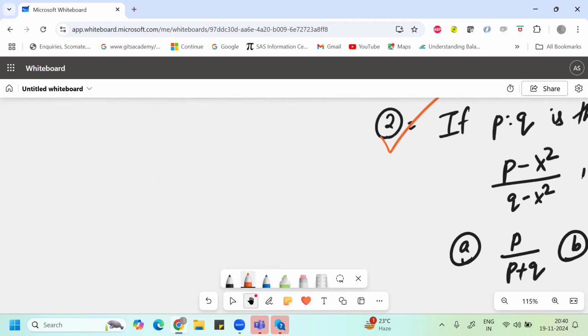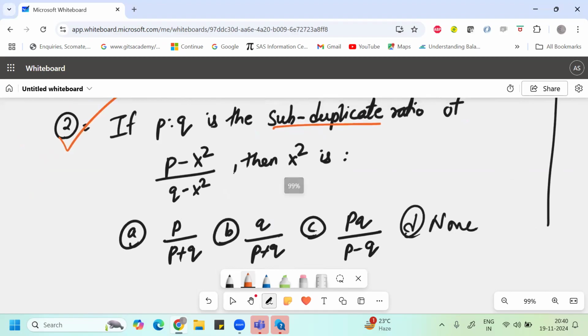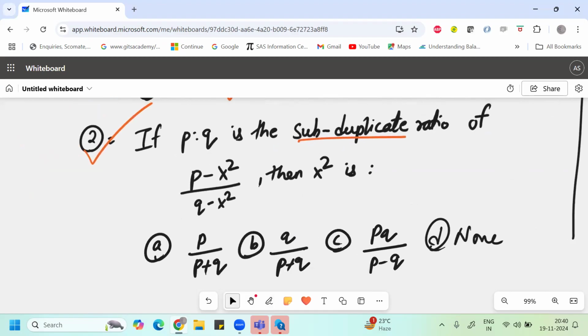So let me do this question in case you first write it down or you want to take a photo or screenshot, you take this, then I will start solving it. Clear, guys? How many of you know how to solve this question number 2?